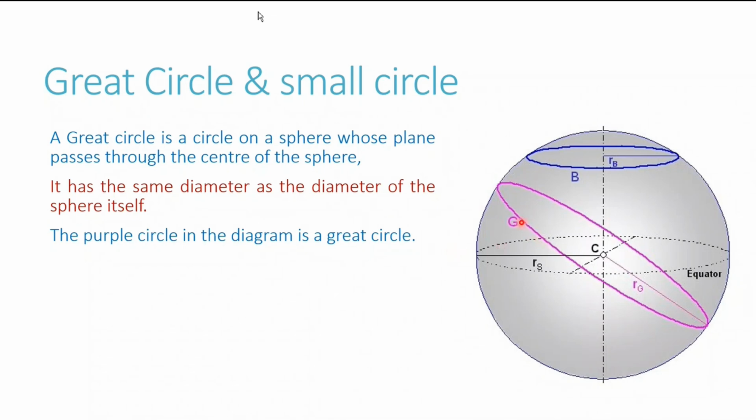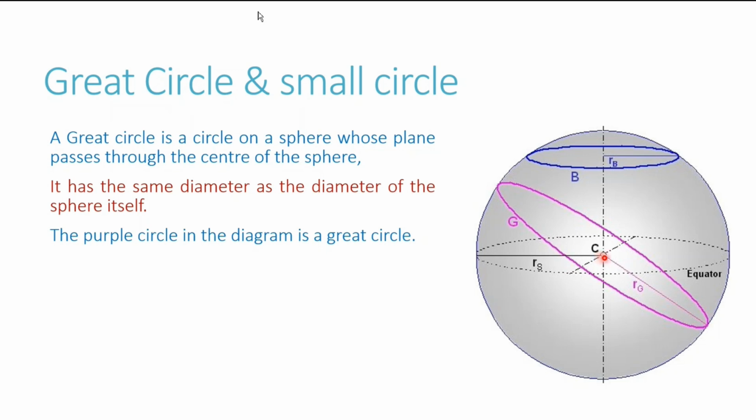So you see this purple color circle which we have in the diagram is a great circle because its plane, the plane of this purple circle, passes through the center of the sphere. The center of the sphere is represented by point C. So we can see that the plane of this circle passes through the center of the sphere. So this is a great circle.